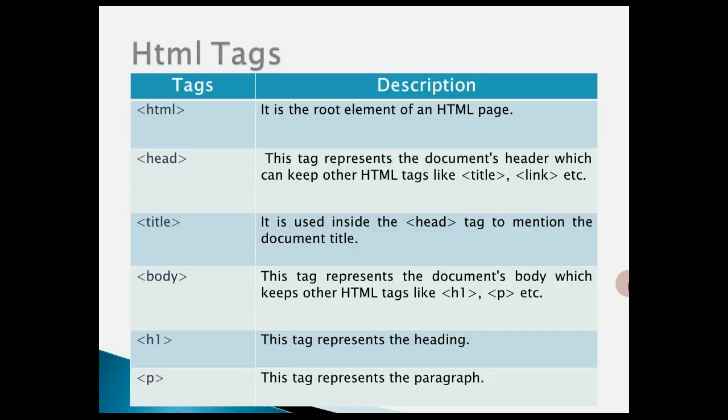The HTML tag encloses all other HTML tags and associated text within your document. It is the root element of an HTML document. Next, the head tag. This tag represents the document header, which can keep other HTML tags like title, link, etc. It is always placed after the HTML tag.